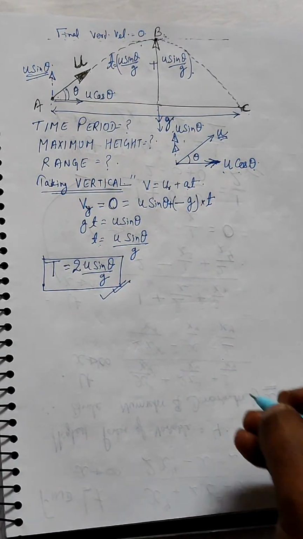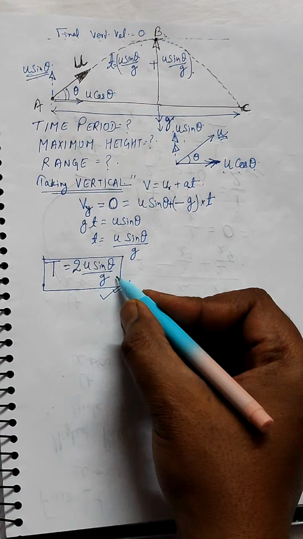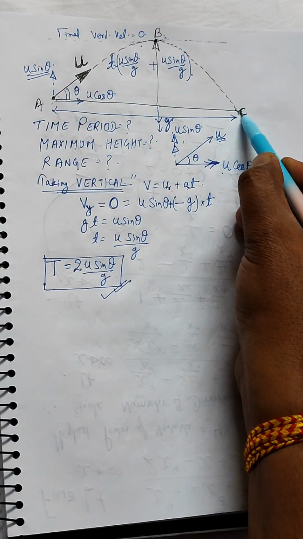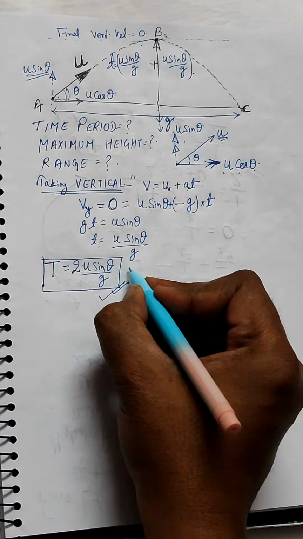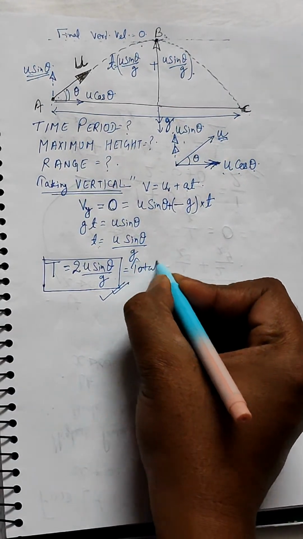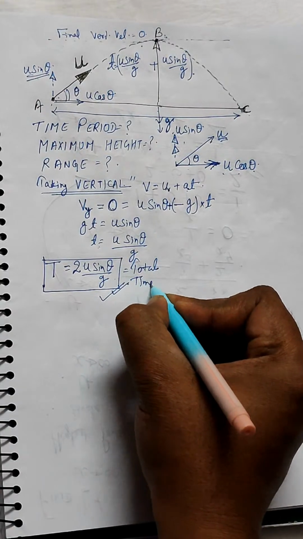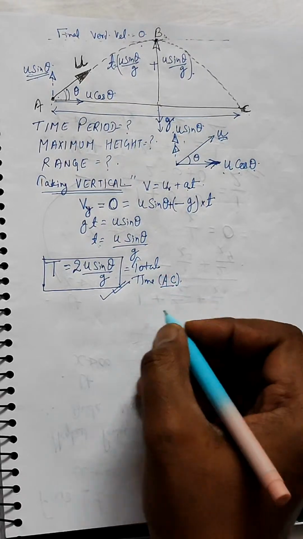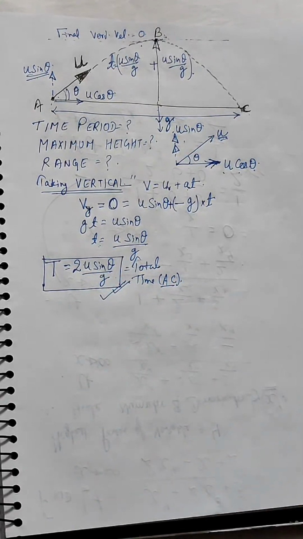So we have derived the time period of the projectile from A to C, that is the total time. Traveling from A to C, the projectile will take a time of 2u sin theta by g.